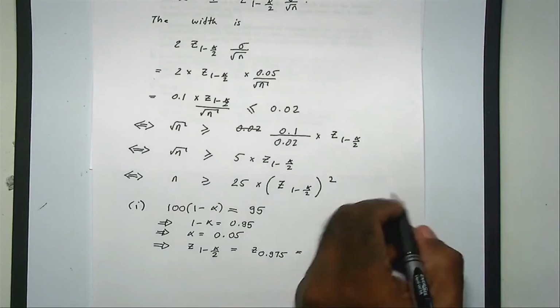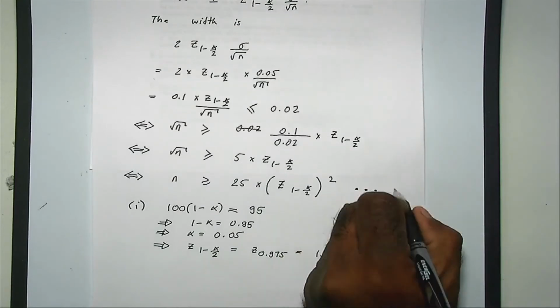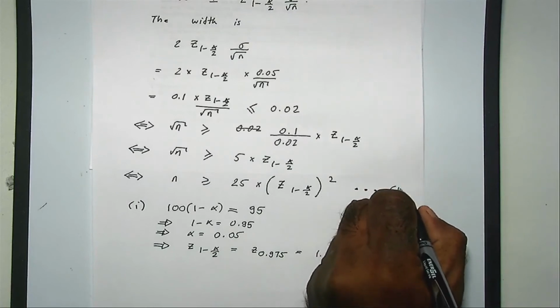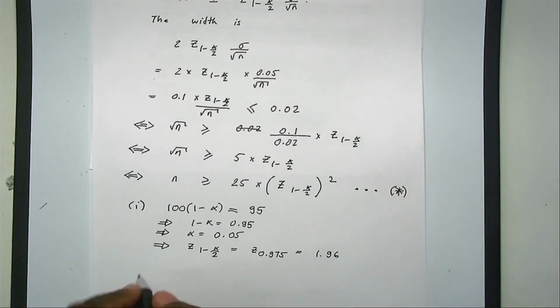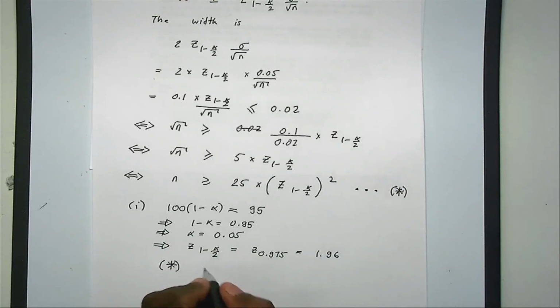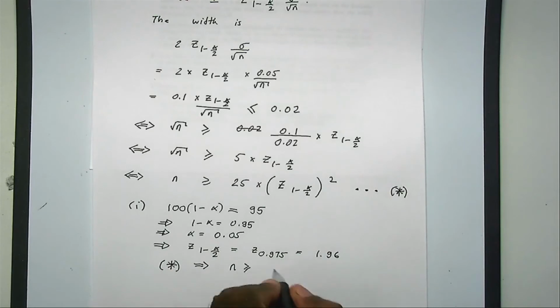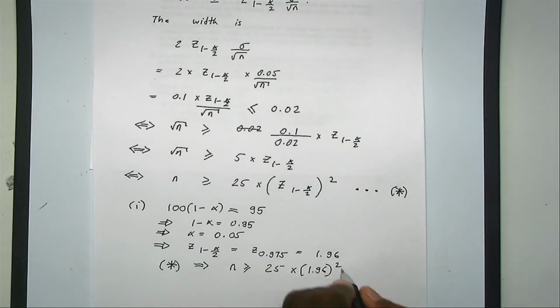Alright, so if you call this star, star is the same as n greater than or equal to 25 multiplied by 1.96 squared, right?